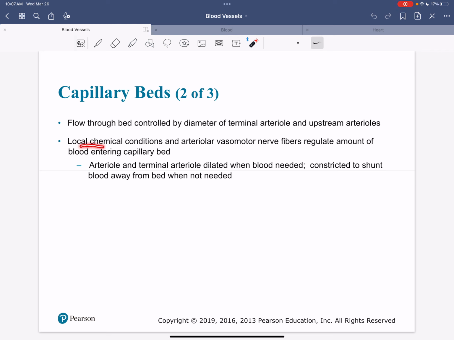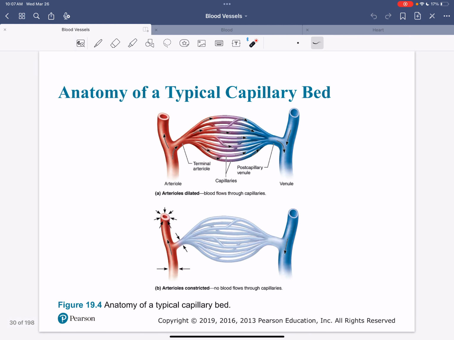Local chemical conditions and the arterial vasomotor nerves regulate the amount of blood entering the capillary bed. So we really need the arteriole and terminal arteriole dilated when blood's needed in the capillary bed, and then these are constricted when we do not need blood to go in there.